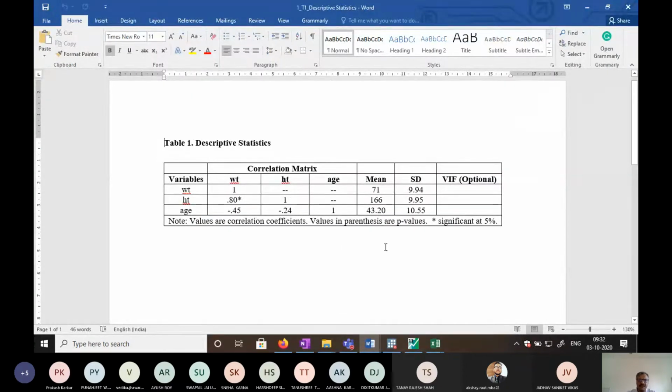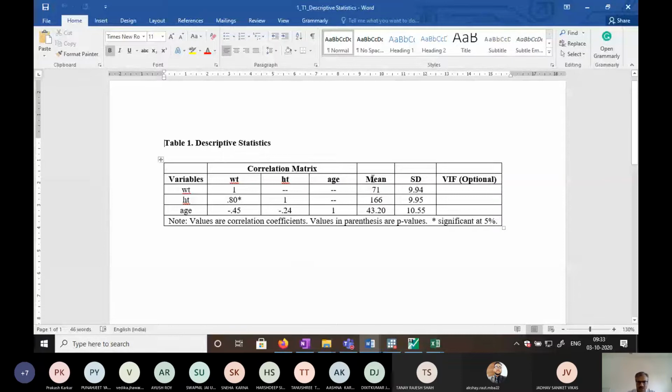So this is the descriptive statistics which we have prepared already. It has a correlation matrix between the three variables which we have used in our caselet. And here when we are making the correlation matrix, we are not bothering about dependent or independent variable. All the three variables would have been taken and their correlation coefficients would have been estimated, and we have done this.